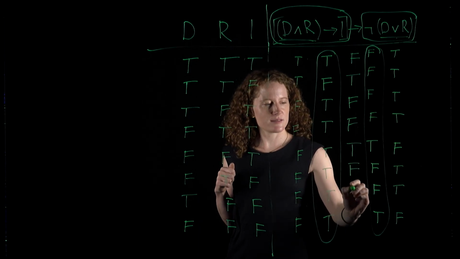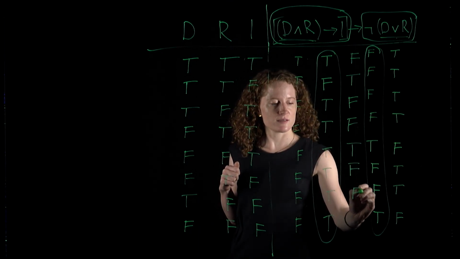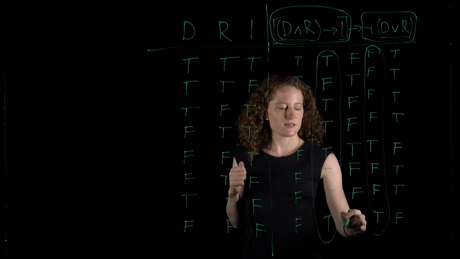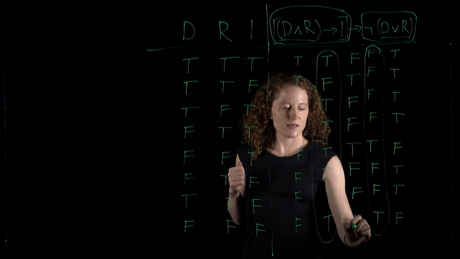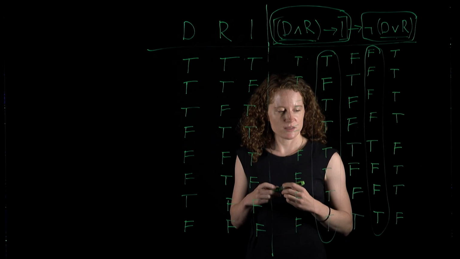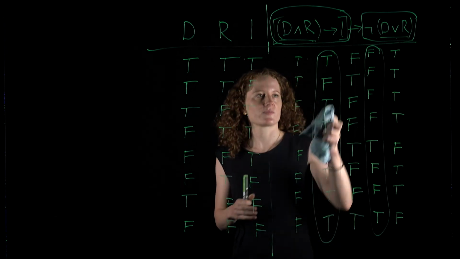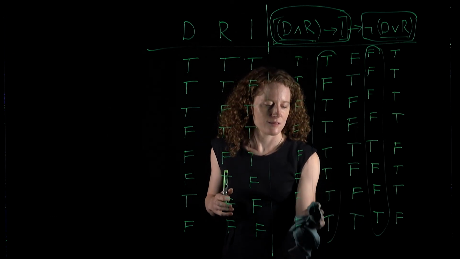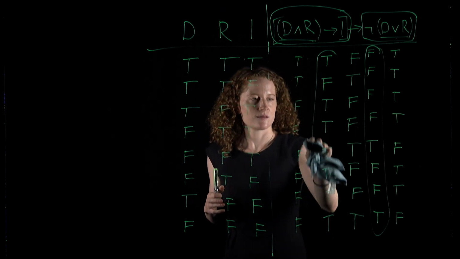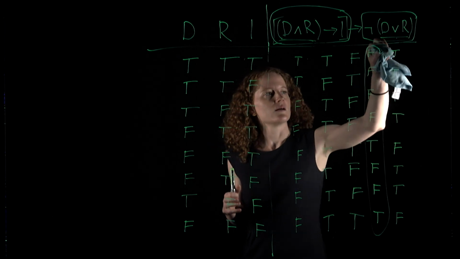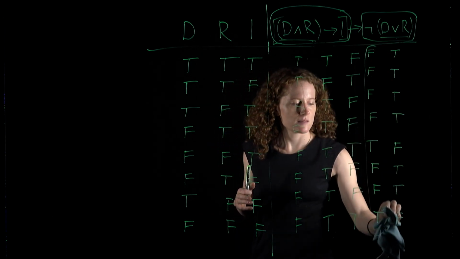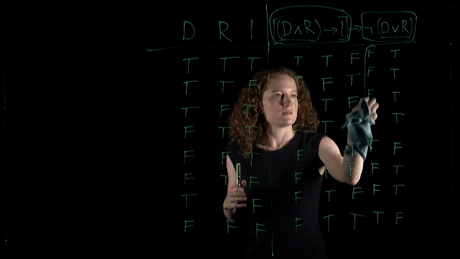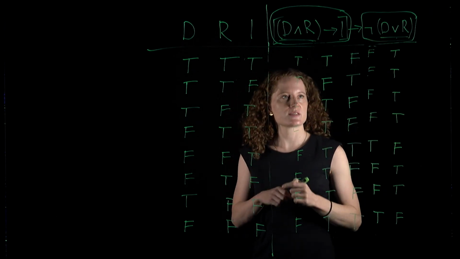The antecedent is true and the consequent is false, so the whole conditional is false. And finally, both antecedent and consequent are true, so the whole conditional is true. So this completes our truth table.